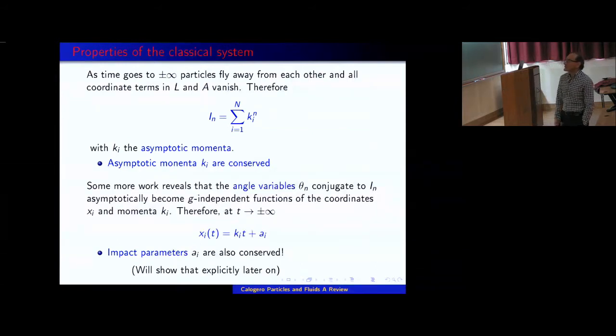Some more work also reveals that the corresponding angle variables to these integrals of motion asymptotically become G-independent functions, which means that not only do the particles scatter without, eventually, many body scattering, they scatter without changing their asymptotic momenta, but also their impact parameters are not changed.